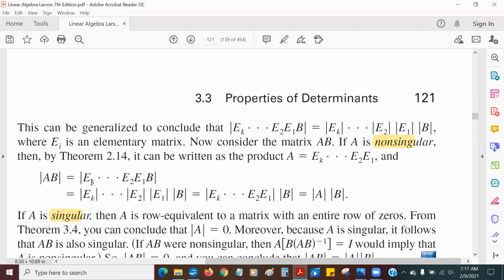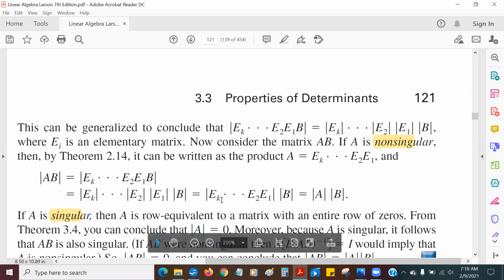So AB is all these E's times B. Well, the determinant of this massive thing is all these separate little determinants. Now here's what I'm doing, it's very slick. I separate all the determinants, and then I'm going to immediately recombine them, except I'm going to leave the B out. So I'm recombining all the E's, but keeping the B separate.